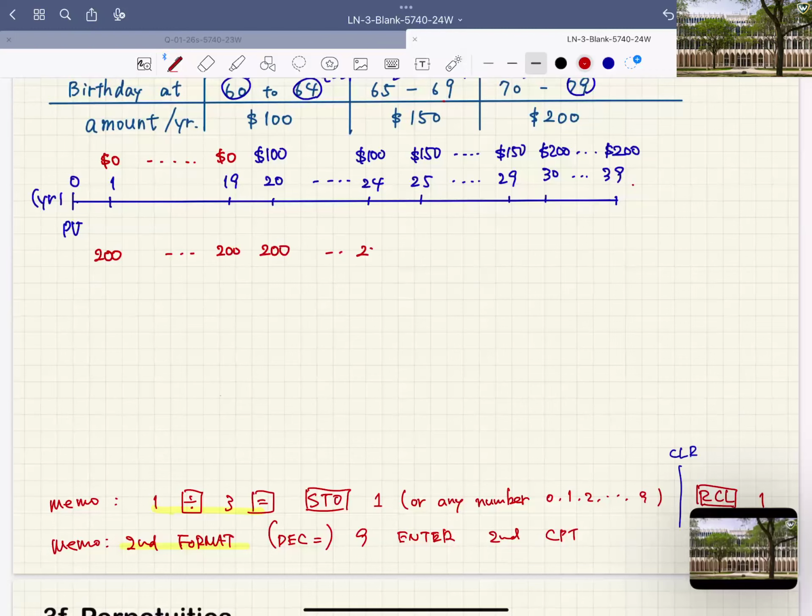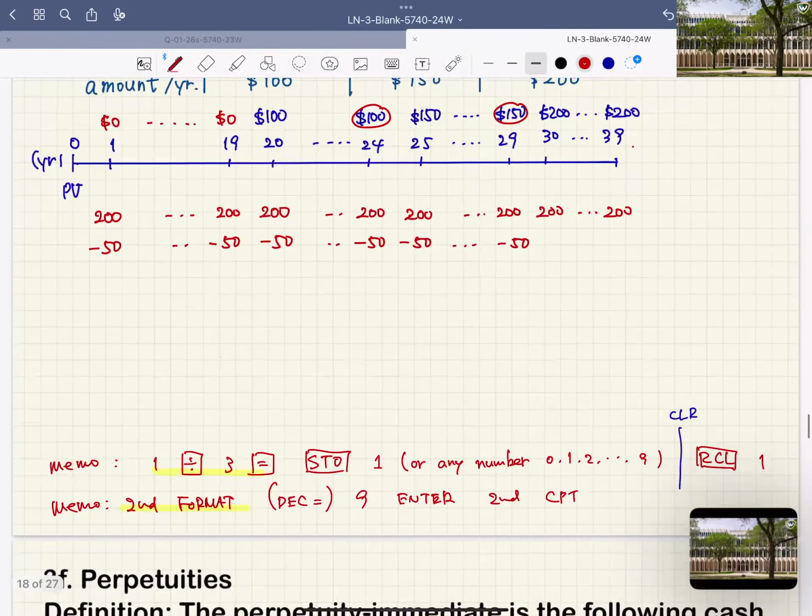That is the first cash flow we should consider. Then next, we match 150 by subtracting 50. So we consider negative $50 payments for 29 years. Then next, we match $100 to further subtract $50 each.